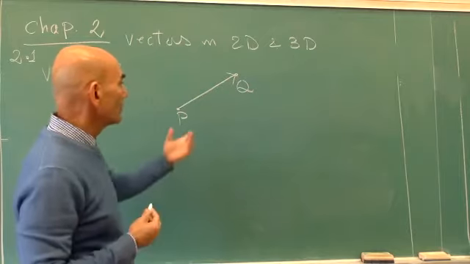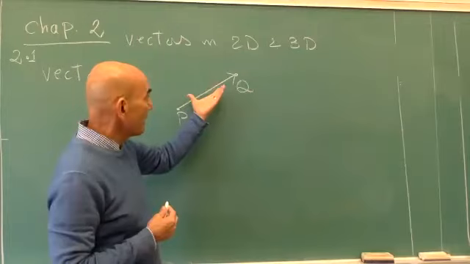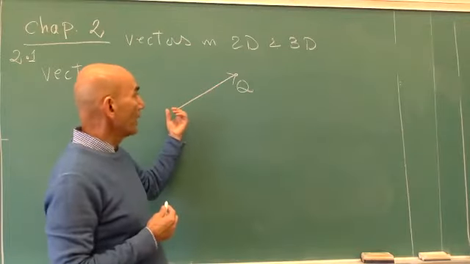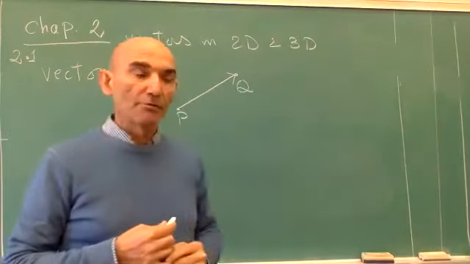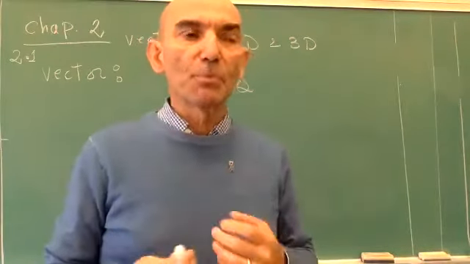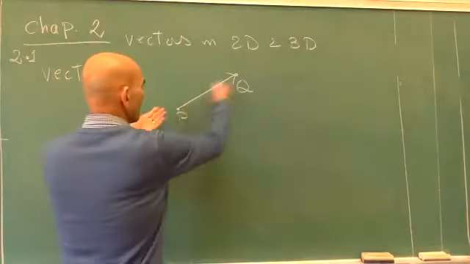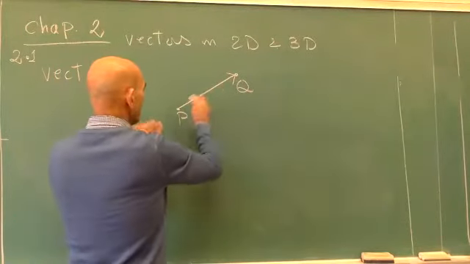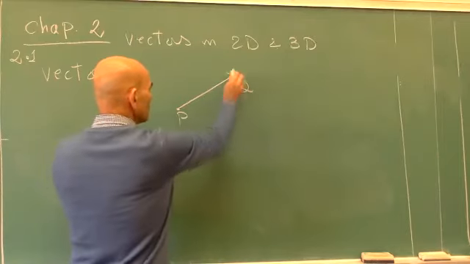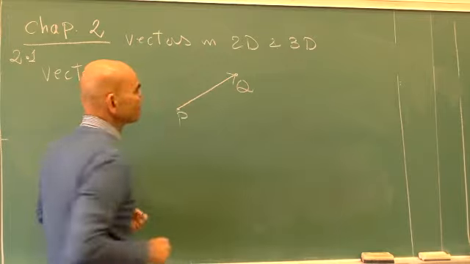So vectors, as a result, have a length and also a direction. It's a kind of complicated object, right? It's not specified just by one number. To specify a vector, you have to specify some data. What is this point P? What is this point Q? And if you're going from P to Q or Q to P.